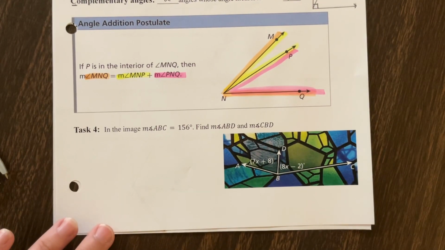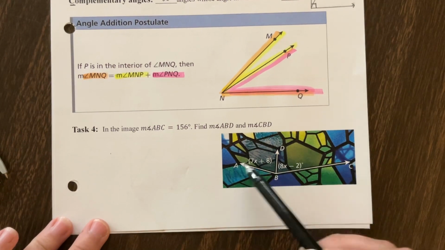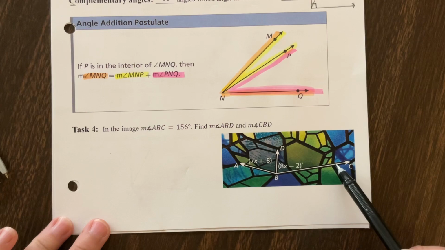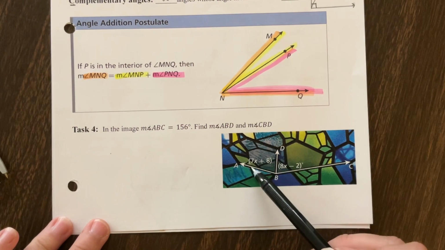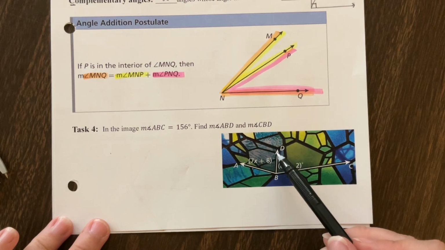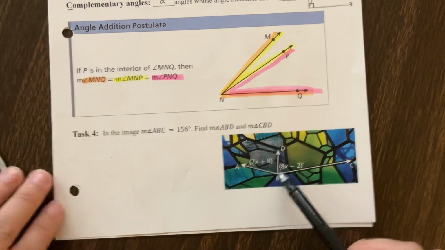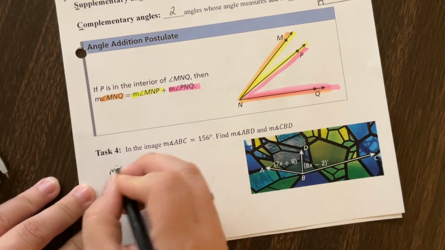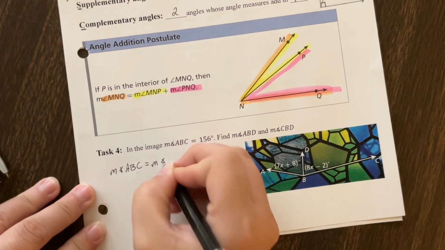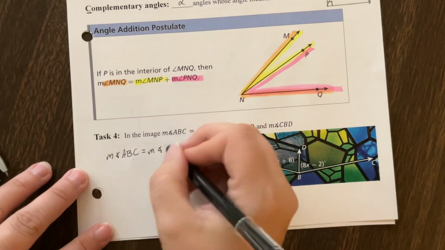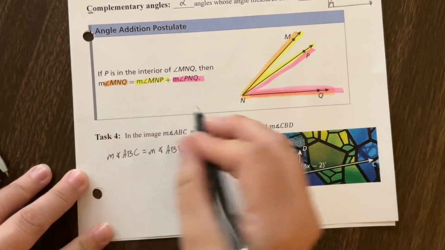For example, in task 4, in the image, the measure of angle ABC, the whole angle, is 156. The measure of angle ABD we know is 7x plus 8, and the measure of angle DBC is 8x minus 2. But I know if I add those, the measure of angle ABC has to be equal to the measure of the two pieces, the measure of angle ABD plus the measure of angle DBC.